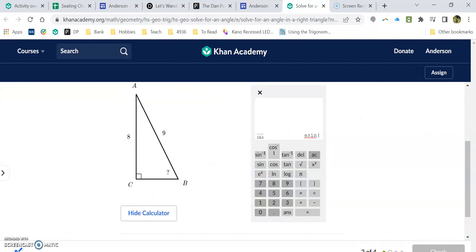So inverse sine, 8 divided by 9, parenthesis, equals 62.733. The second 3 is less than 5, so it stays as 62.73.